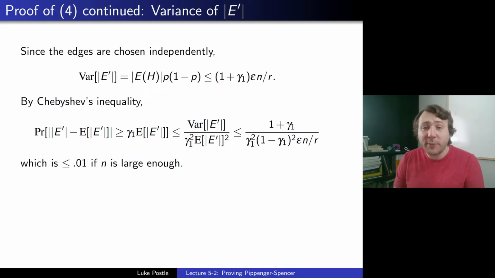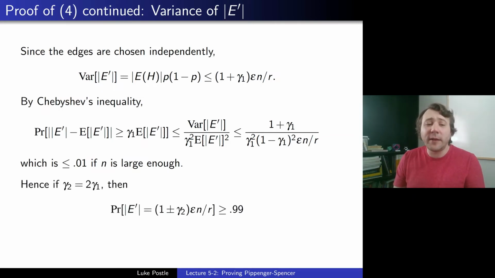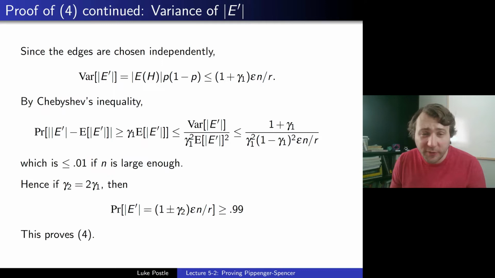Then it will be at most 0.01 if n is large enough, given the factors of gamma 1s and epsilons and r's. All right, so then that has saved us. And now if we set, say, gamma 2 to be 2 gamma 1, then the probability that E prime is (1 plus or minus gamma 2) epsilon n over r is at least 0.99. And this, therefore, proves 4.